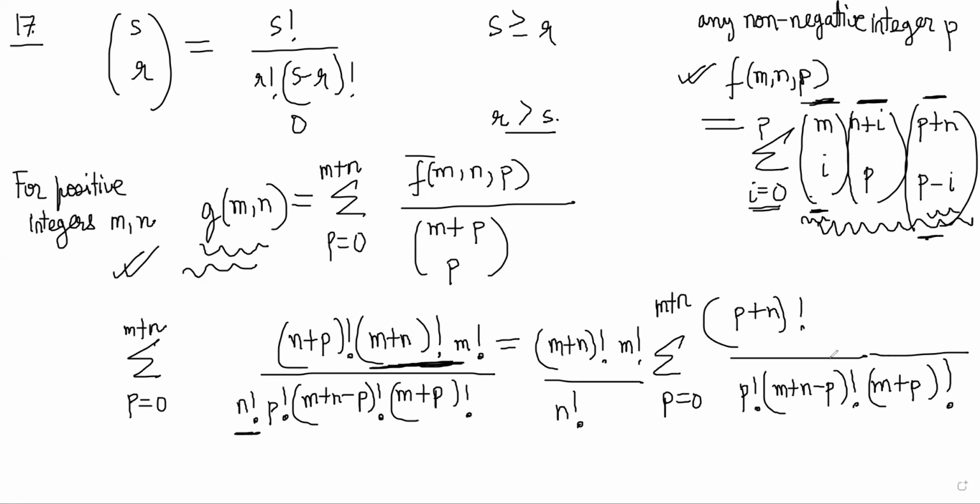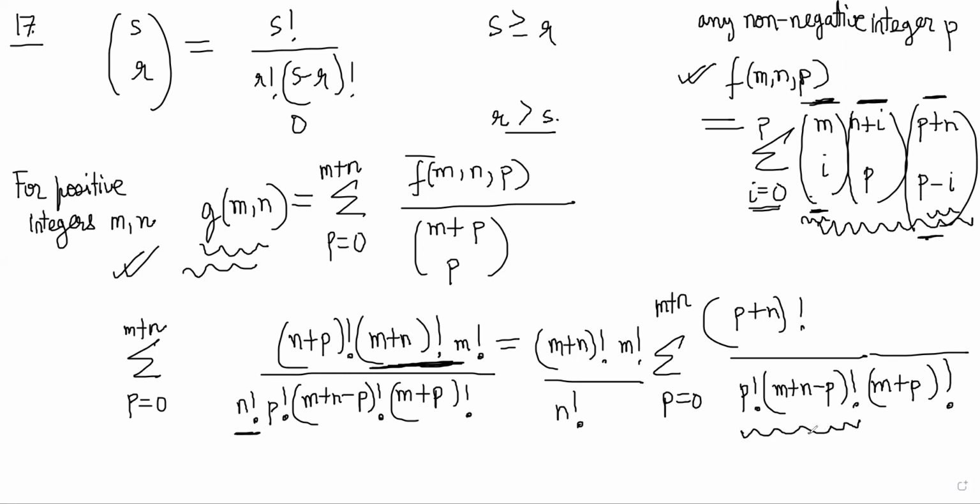So m plus n minus P factorial here and m plus P factorial here. These two I want to combine.